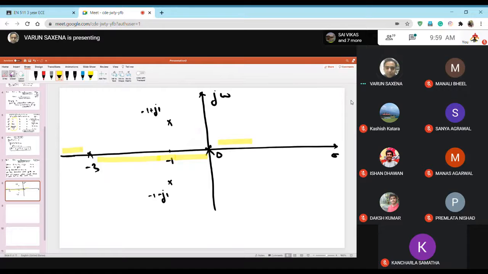In this region the root locus will not lie either, because the number of real poles and zeros is 2, which is even. But in this region, there is only one pole, which is odd. That's why in this region, the root locus will lie.